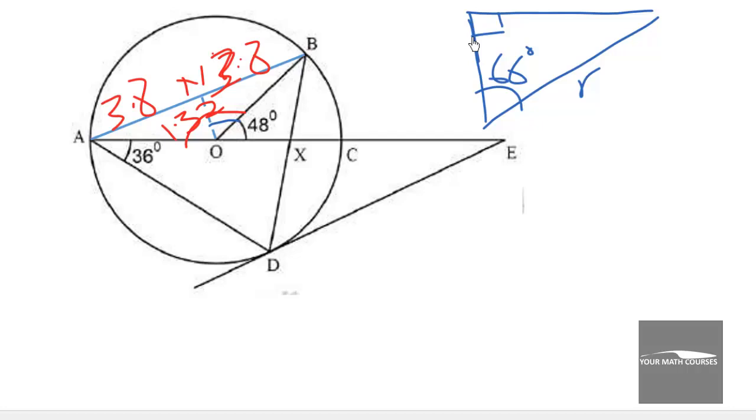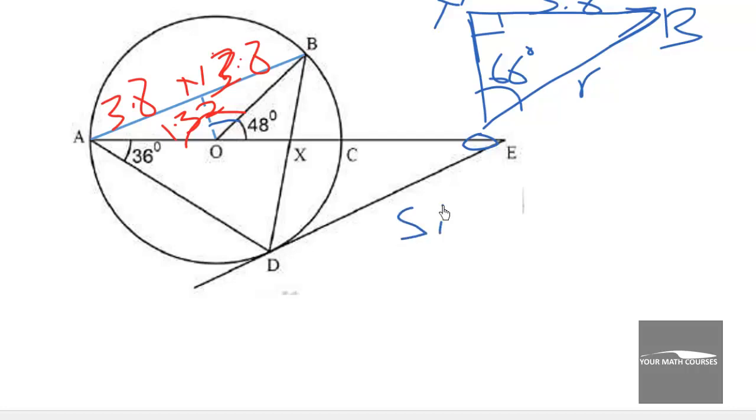And we have this to be 3.9 centimeters. So using this right angle triangle, which is right triangle ONB, we can now determine the radius of the circle.